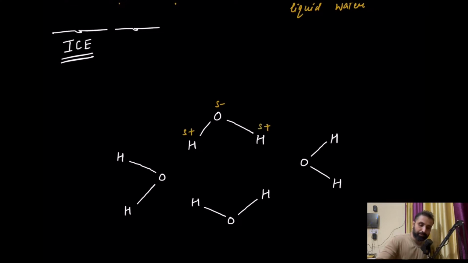In the second H2O molecule, oxygen will have delta negative, hydrogen delta positive, delta positive. The same in the third, and in the fourth H2O molecule, again oxygen delta negative, hydrogen delta positive and hydrogen delta positive.